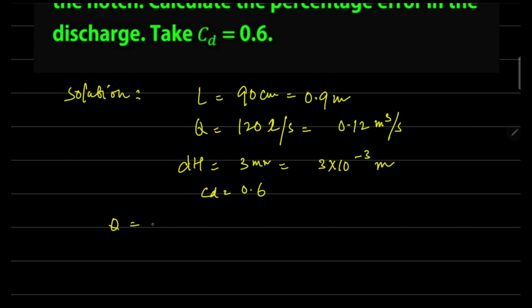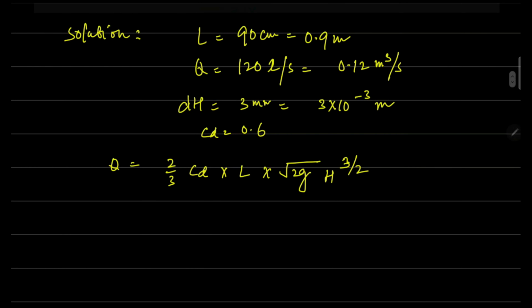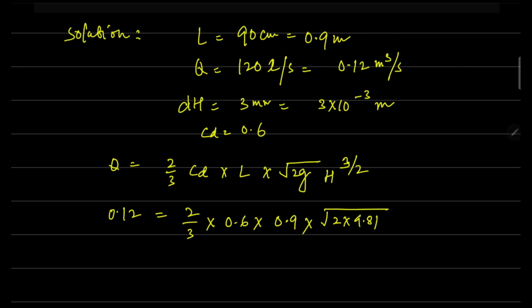First of all we will find out what is the H. So Q is equal to 2 by 3 CD multiplied by L multiplied by root 2gH raised to the power 3 by 2. So 0.12 is equal to 2 by 3 multiplied by CD 0.6, L value 0.9, and under root 2 multiplied by 9.81, and H raised to the power 3 by 2.